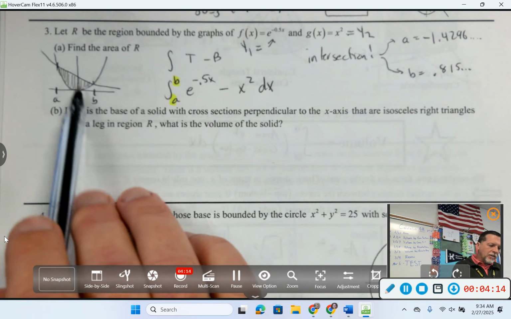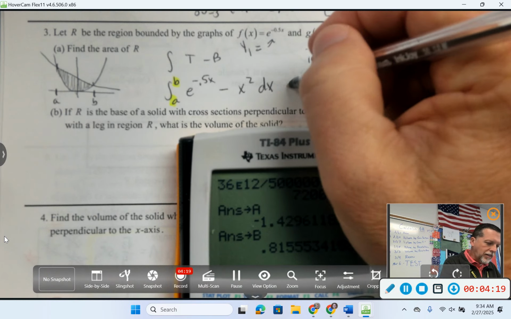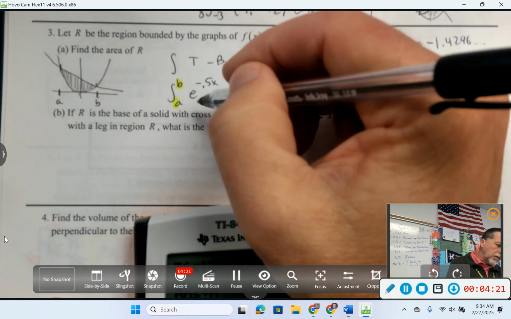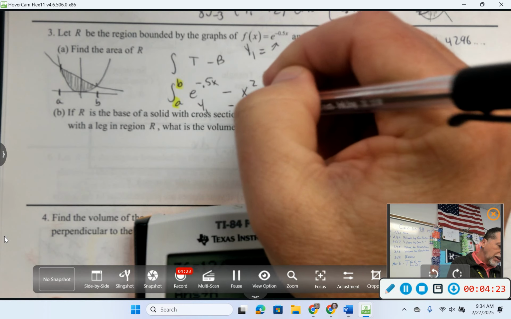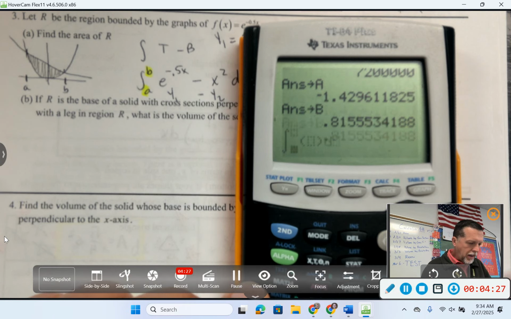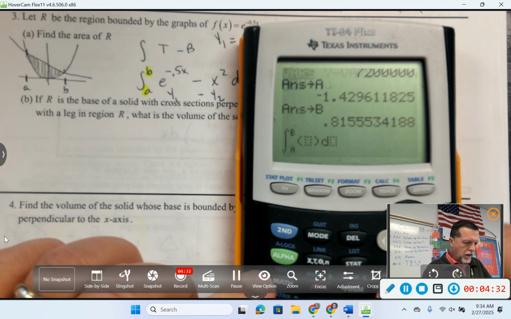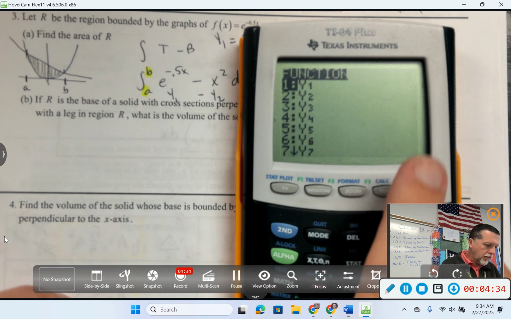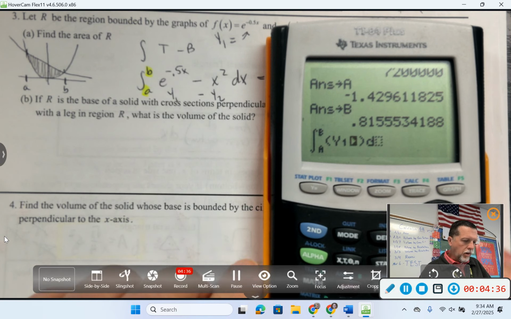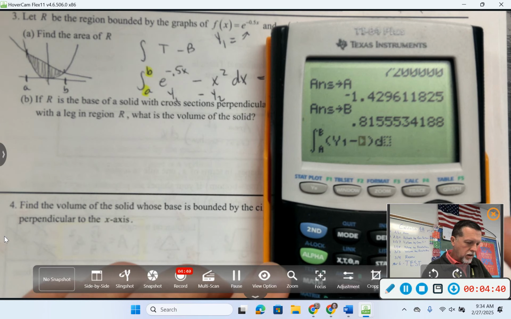Now the area is just top minus bottom from A to B. And in fact, now that I have y1 and y2 in there, use that. Math 9 from A to B of y1 minus y2.